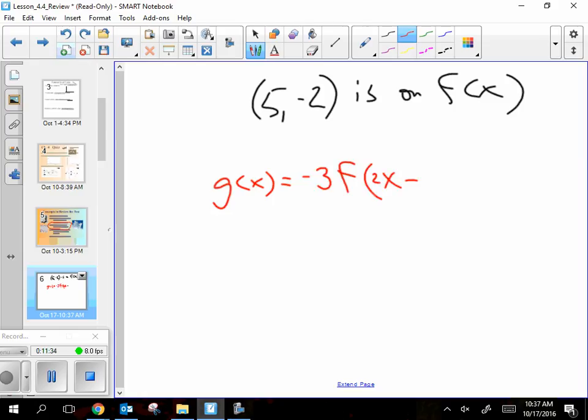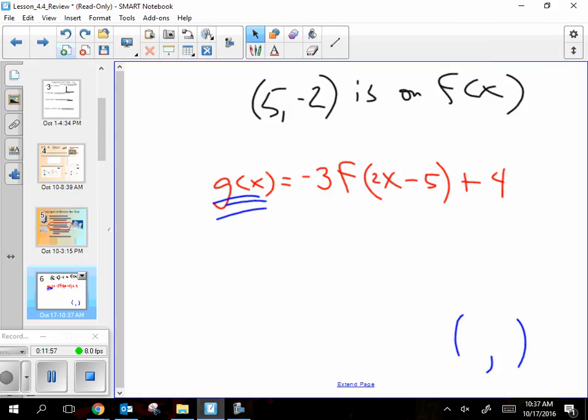There's a 2x minus 5 on the inside plus 4. Would you please tell me, with all those weird changes, what point must be on the g of x function, on the new function? What point must be on this function? I'll pause while you give that one a shot.